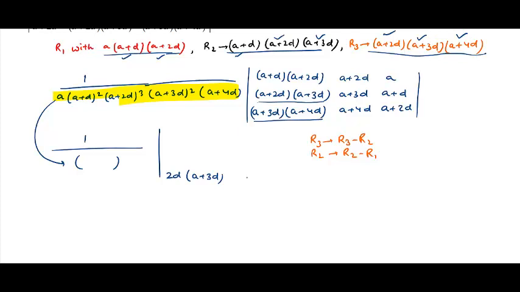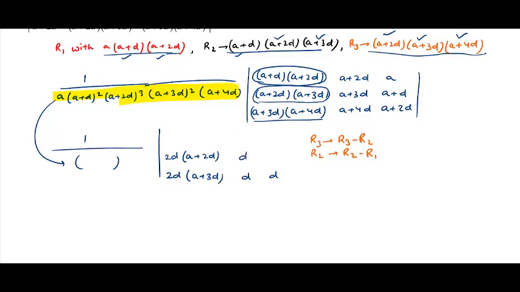Then the next element becomes d, and the next element again becomes d. Similarly, from the second row you subtract the first row. First I take a plus 2d common, and I get 2d into a plus 2d.